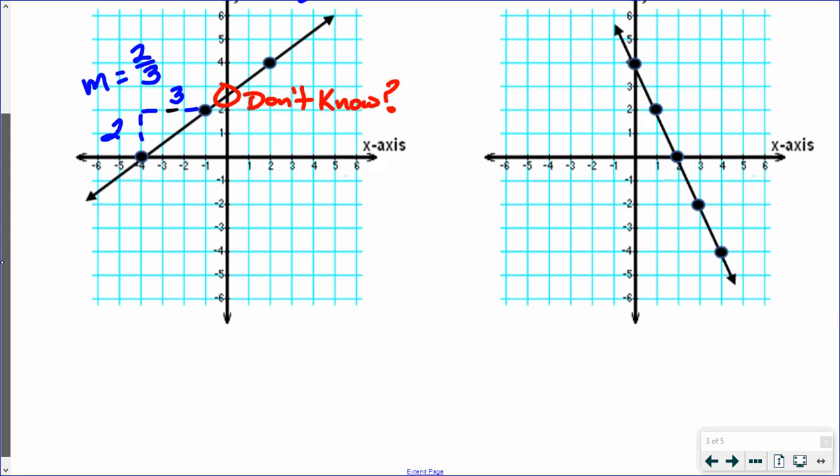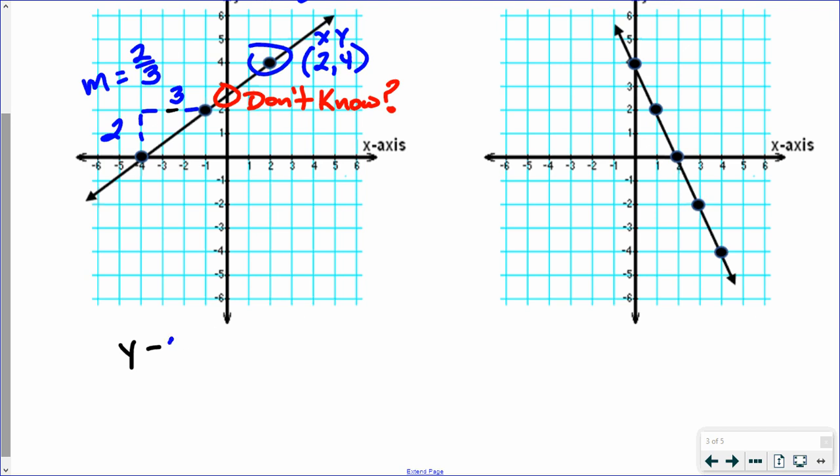So the equation in point slope form would be y minus, and now I need to pick which point I want to use. Let's use the point with positive values. So this point is 2, 4. The x value is 2. This is the x. This is the y. And so for y1, I'm going to plug in 4.